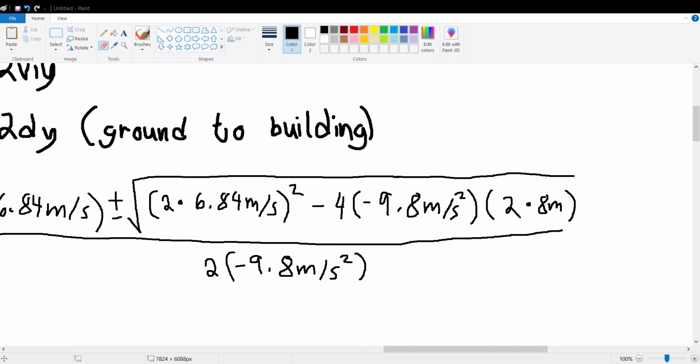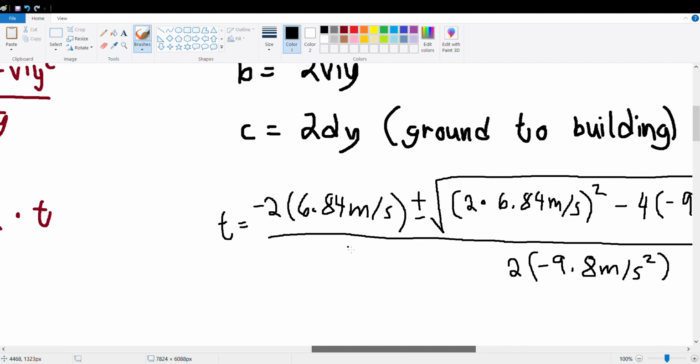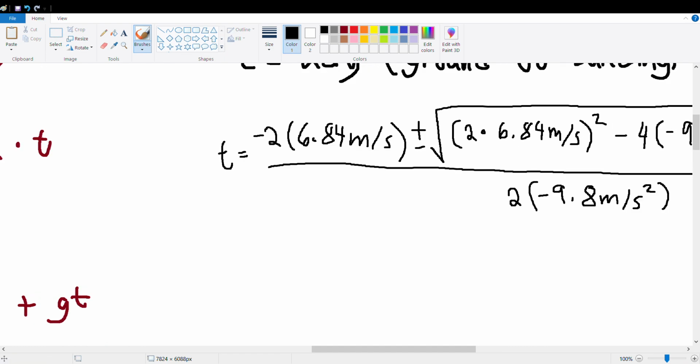Yeah, it wouldn't matter actually. Let's just make that negative, because I'm pretty sure it's negative. And then if we were supposed to put that in a calculator, it would give us two answers basically, because there's a plus and minus sign here.